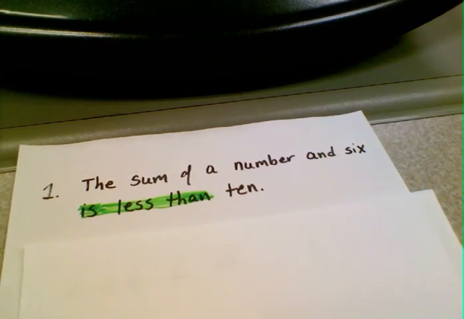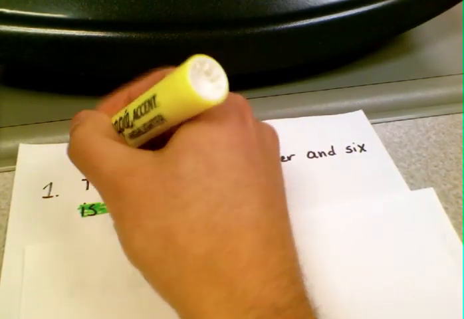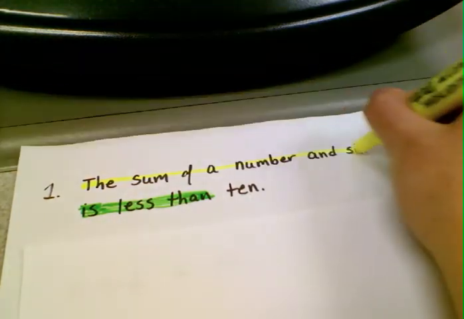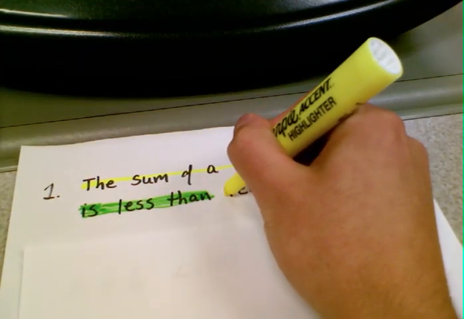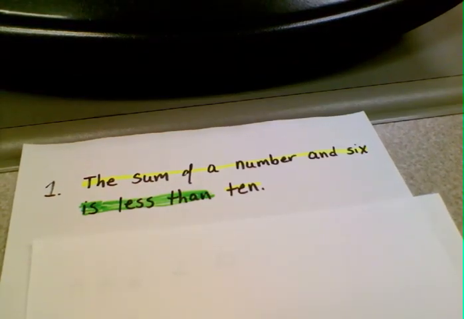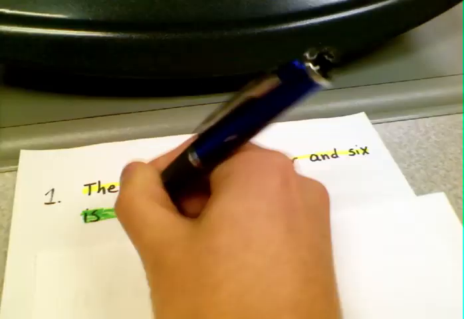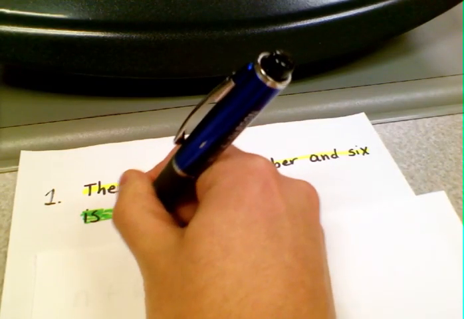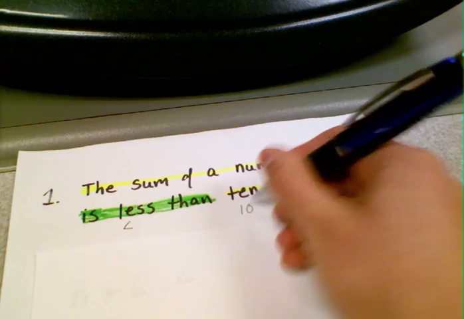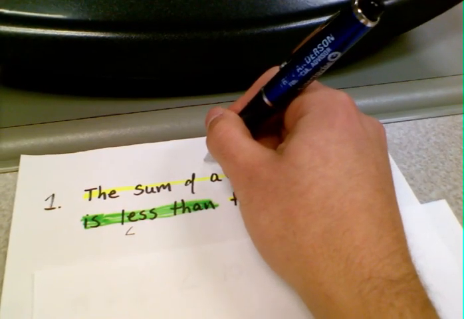That's how I can separate the two. Before the green, I have the sum of a number and 6, and then 10 right after the green. So I know is less than is this symbol from the other page. 10 is just the number 10, and the sum of a number and 6 would be n plus 6.